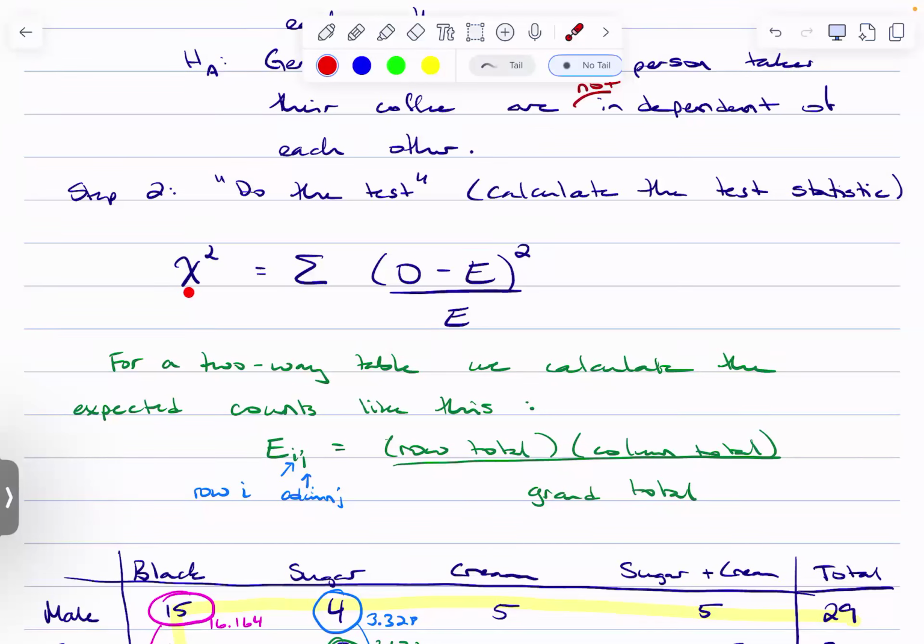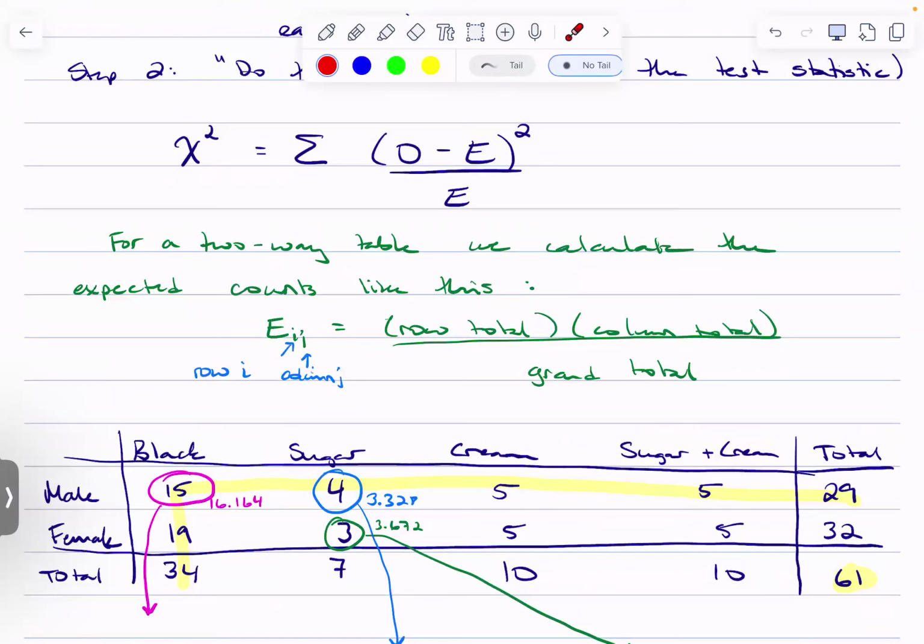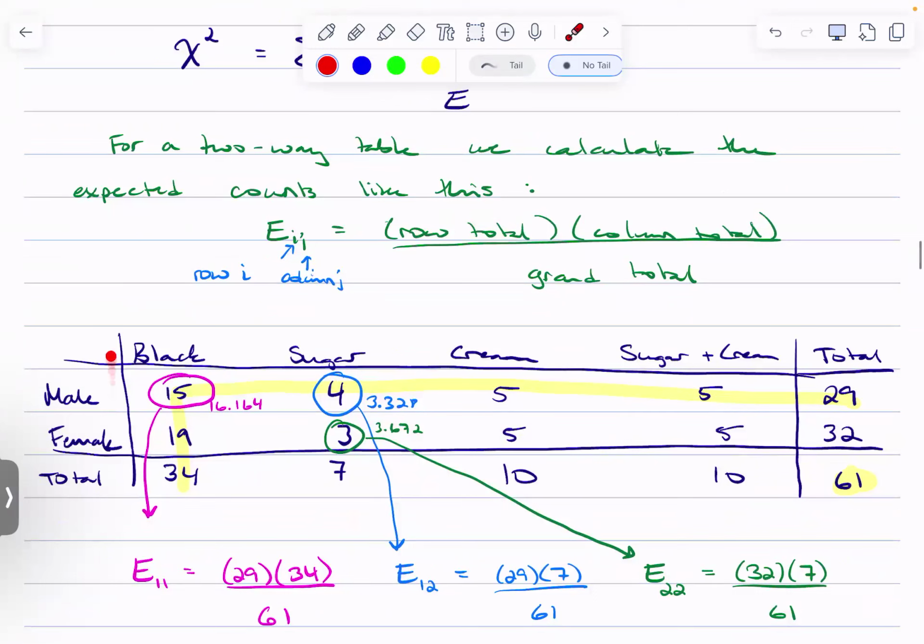Now to calculate your chi-squared, right, you need to take your observed count, I'll keep it here, minus your expected count, square that, and then divide by the expected count for each of these cells. Okay. Now, I'd say a 2x4 table is a little bit rude. That's huge, right?